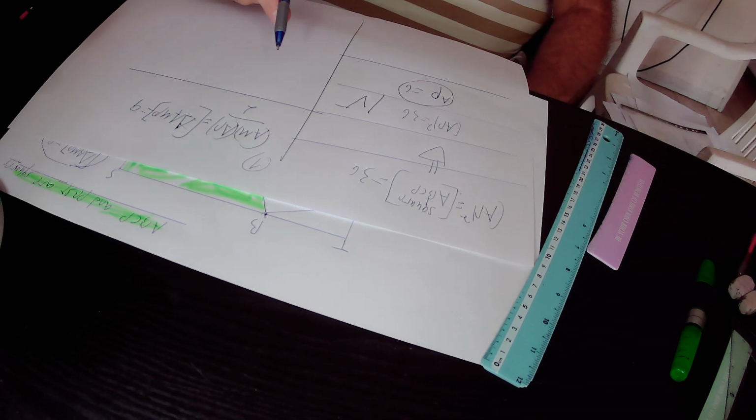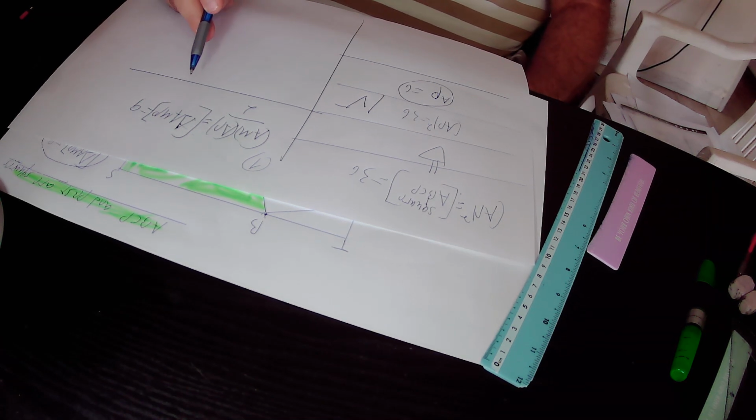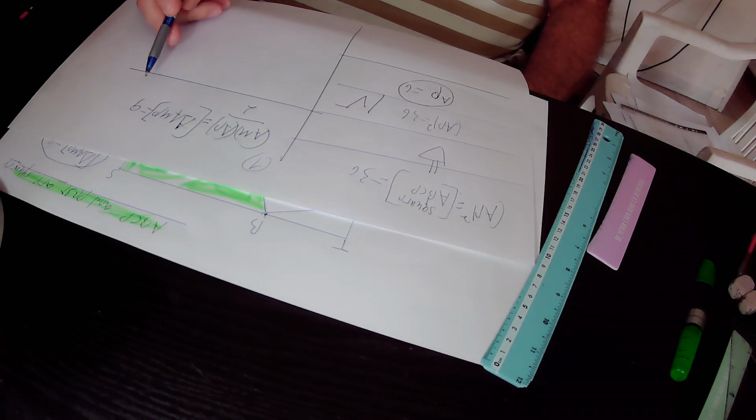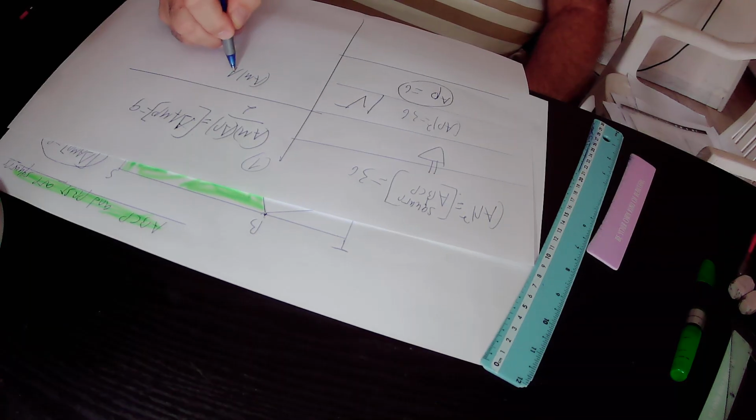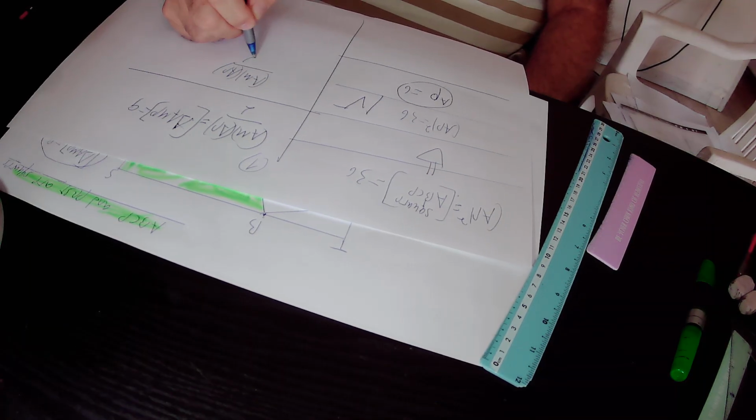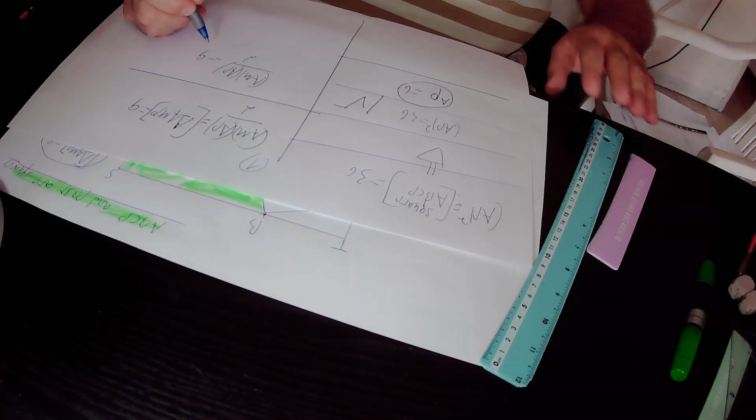From this equation, AM times AP over 2 equals the area of the right triangle AMP, which equals 9.